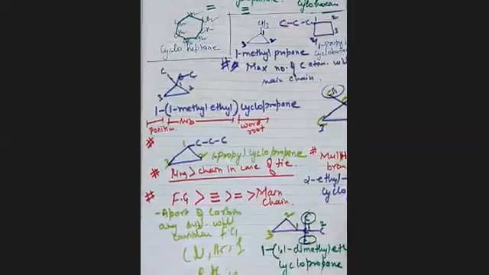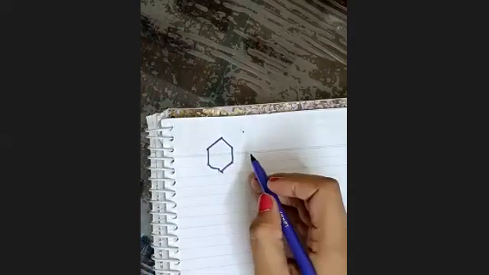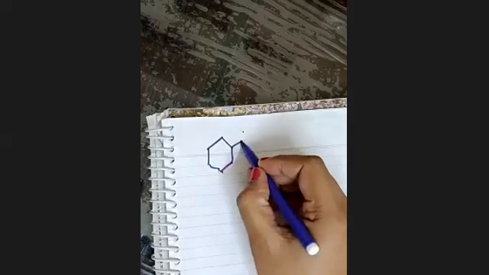Okay, let me give you some more examples. Just give me a moment. Okay, I'm giving you a different, more complex example where you have to do the nomenclature. For example, if I am having this compound, and 1, 2, 3, 4, also 1 here. Now this is a complex type of compound. How will you do the nomenclature?